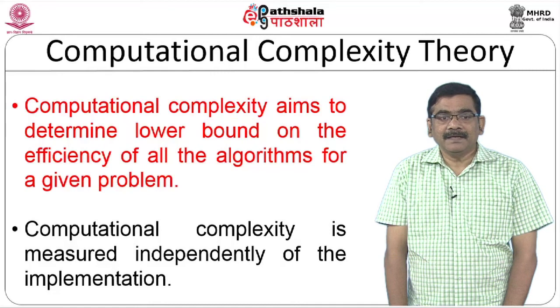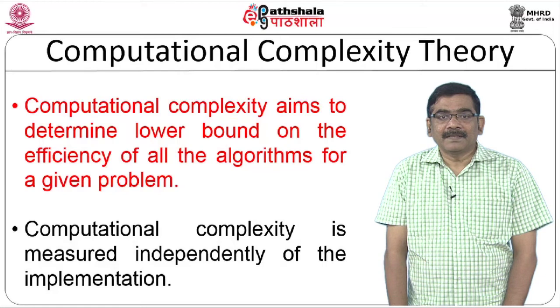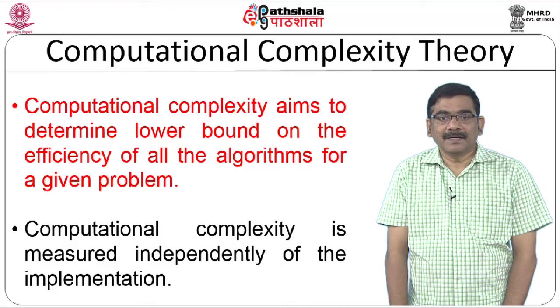Computational complexity is done independent of the implementation of the given algorithm. So, you can understand the focus of computational complexity: it talks about the complexity of the problem itself.